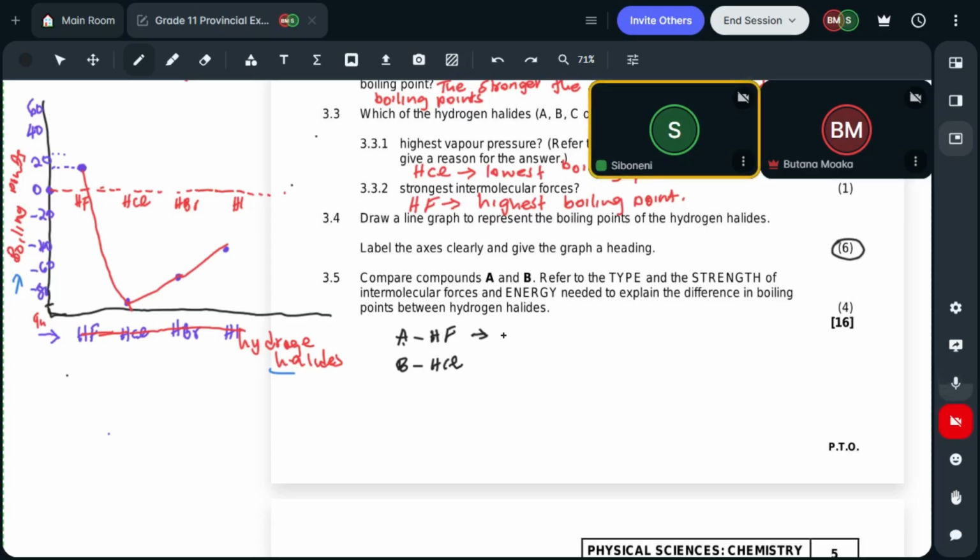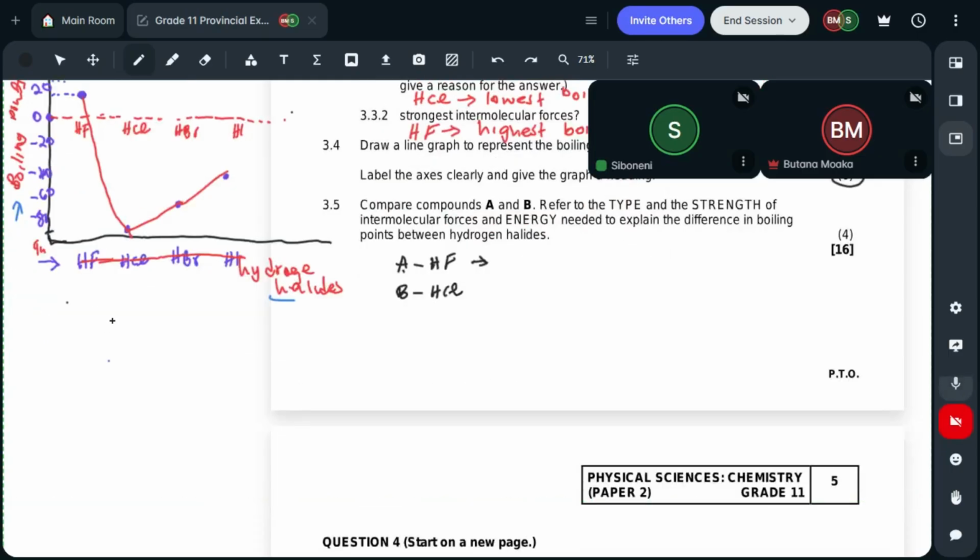HF, let's first talk about the type of intermolecular force. What is the type of intermolecular force for HF?